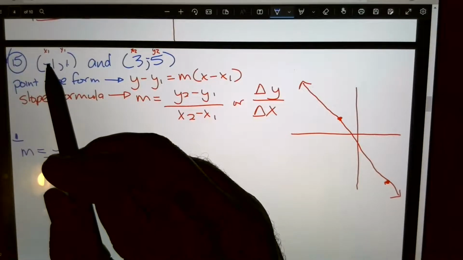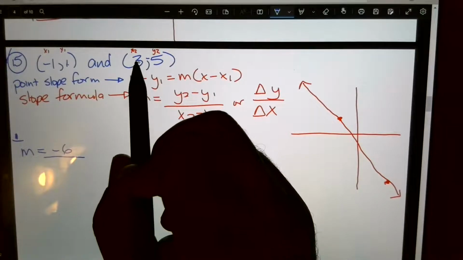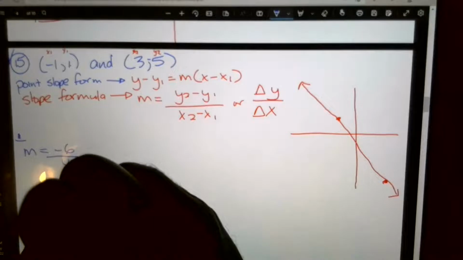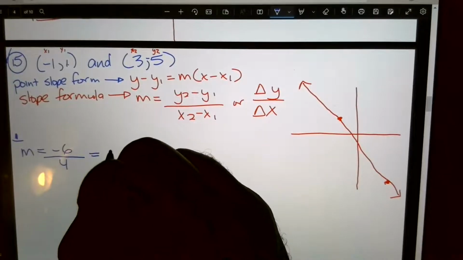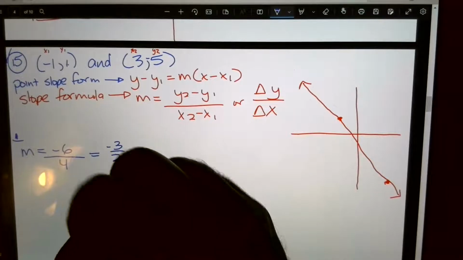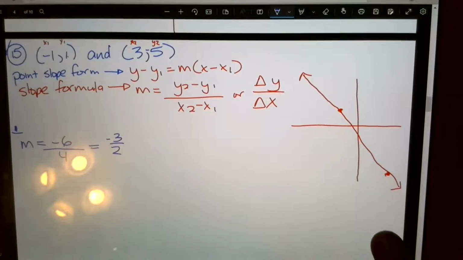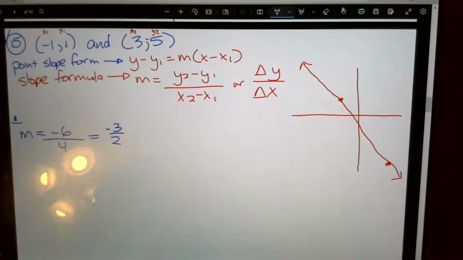If I start at -1 and I go to +3, then I'm going to the right 4. And then both of these are even, so I divide them by 2. And that is the slope, -3/2. That's the quick and easy way how to find the slope. All right. So that's the first step.